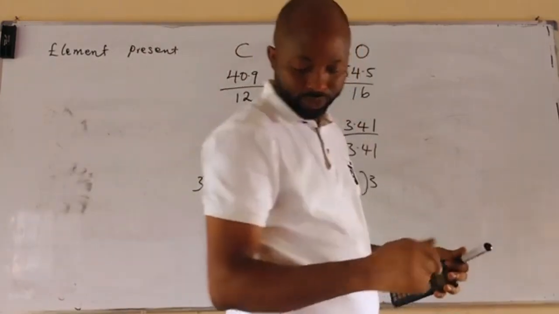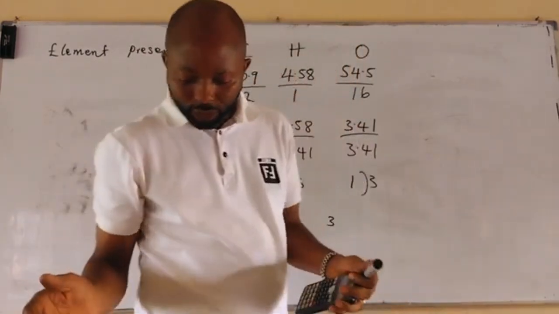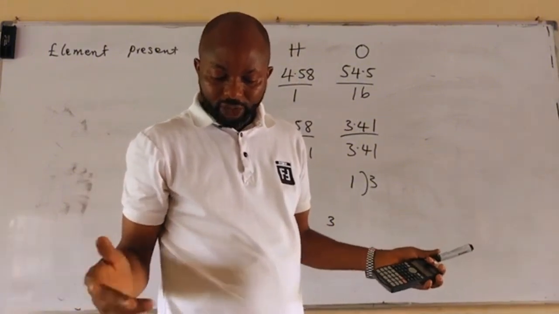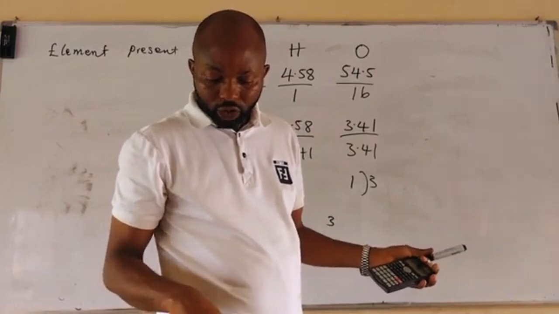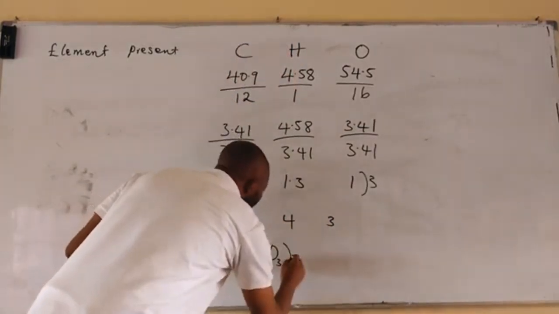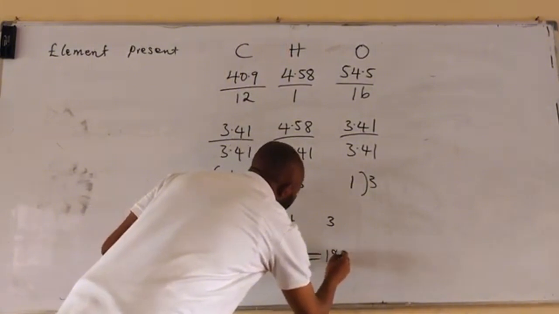That's not all. They say the relative molecular mass of vitamin C is 180, so from this data we should also determine the molecular formula. So the empirical formula mass times N is equal to 180.